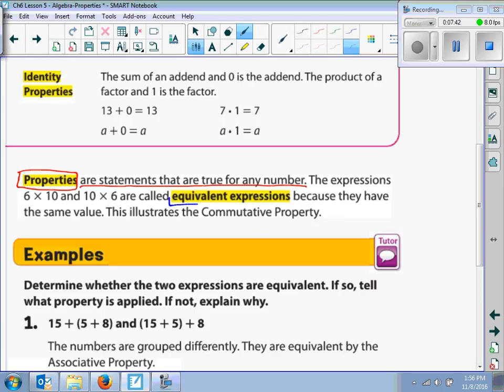So equivalent expressions have the same value. Also, that 6 times 10 and 10 times 6 illustrates the commutative property because we're just flipping them around, right?